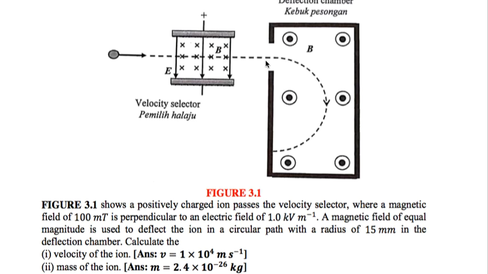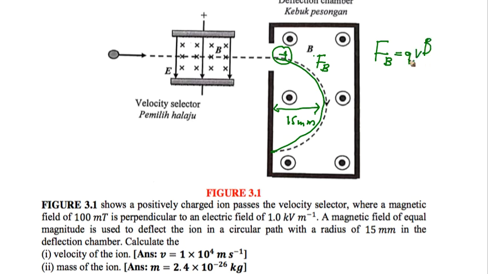Now when the positive particle enters the deflection chamber here, the particle moves in a semicircular path, where the diameter of the semicircular path is 15 mm. The force acting on the positive particle here is the magnetic force, or FB, given by the equation QVB.